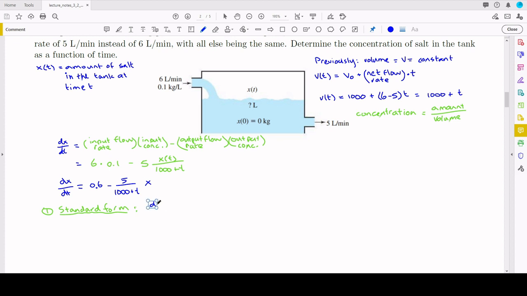It's dx over dt, and then we bring the x to the other side, and that's going to be plus 5 over 1000 plus t times x, and that equals 0.6.